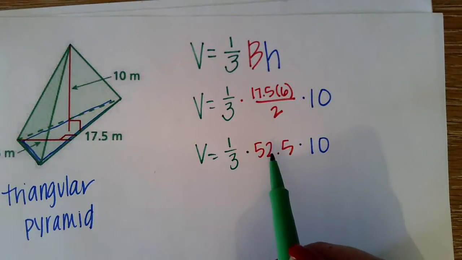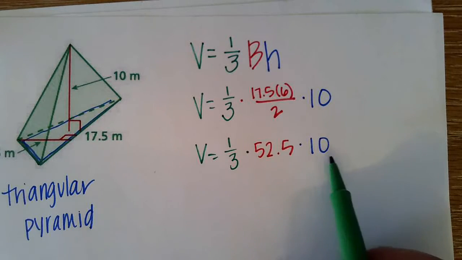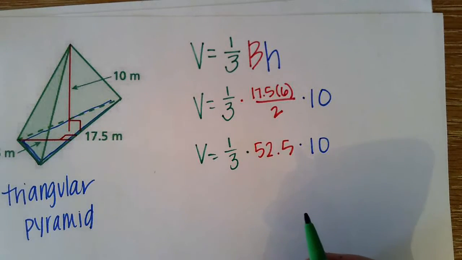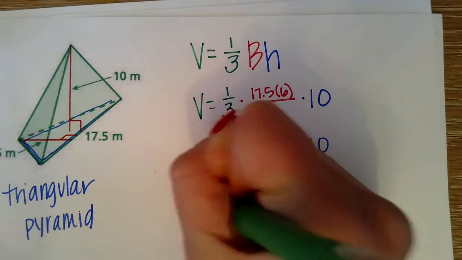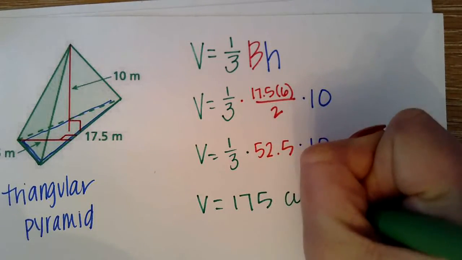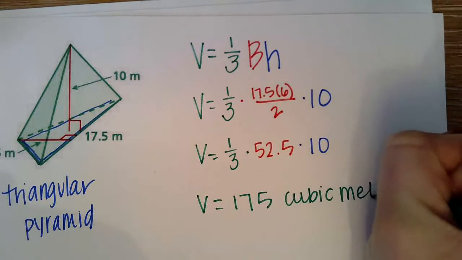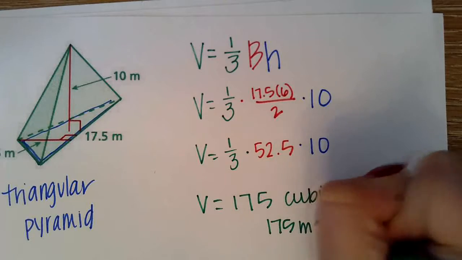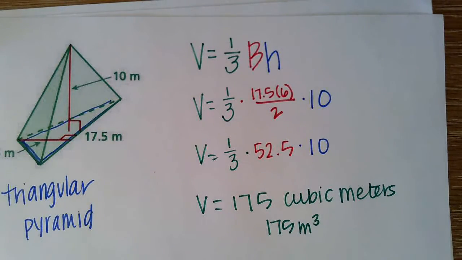So I would multiply 52.5 times 10, and then I can either multiply that by 1/3 or divide it all by 3. And then I get 175 cubic meters. Abbreviated, that could be written as 175 meters cubed. Both answers are correct, whether you write cubic meters or meters cubed.